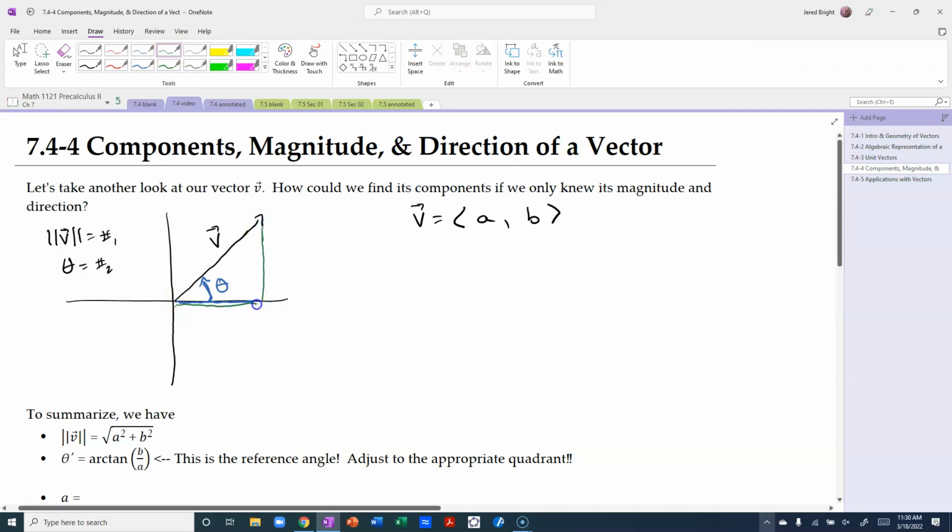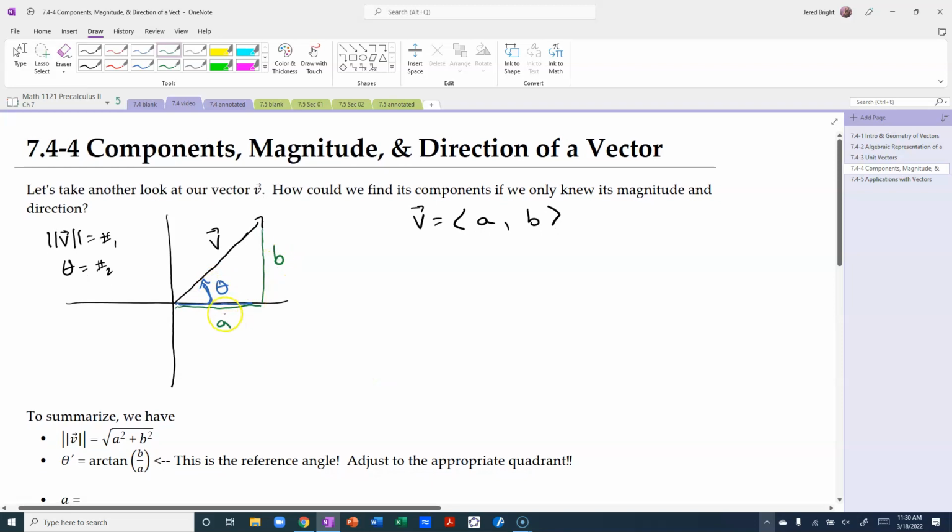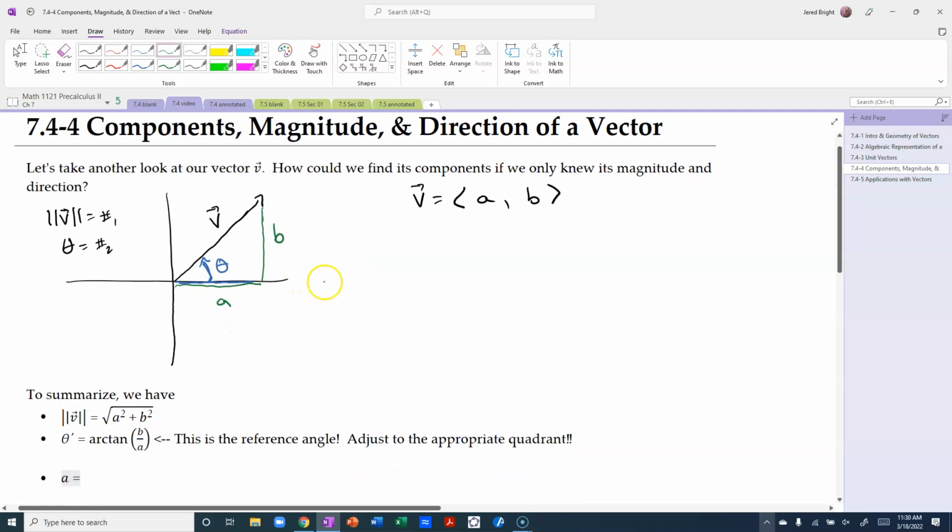I know that I would move from initial to terminal by a units horizontally, and then vertically by b units. So I could relate b and a with theta just by tangent. Tangent of theta is equal to b over a. Okay, that could be useful.